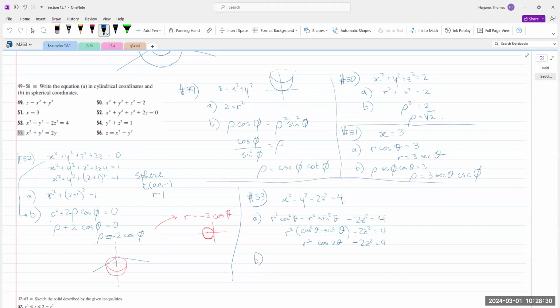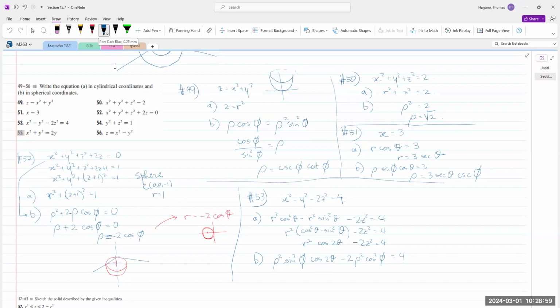In spherical, I can go on from r and z, where the r becomes rho sine phi: rho squared sine squared phi cosine 2 theta minus 2 rho squared cosine squared phi equals 4. Notice then can I cancel the rho squared?